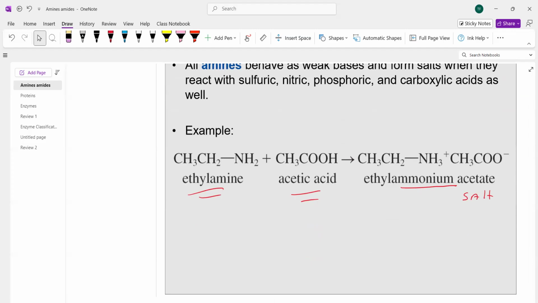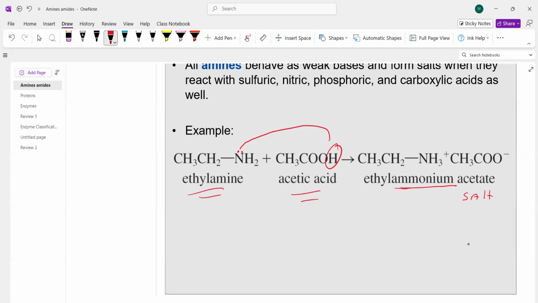Whenever we have an acid and an amine together, they don't stay that way, because the hydrogen from the acid forms that coordinate covalent bond with the nitrogen, forming an ammonium ion.